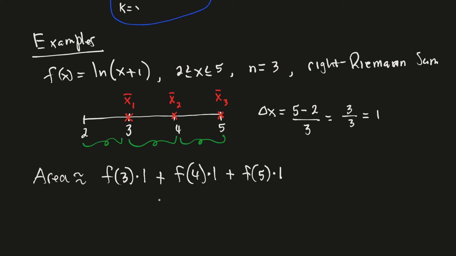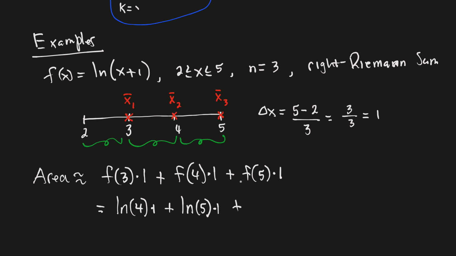So let's do this. So it's equal to, so now what is our function? Our function is the natural log of x plus 1. So wherever there's an x in this function, I'm going to substitute the value 3. So that will be the natural log of 4 times 1 plus, and then f of 4, that's the natural log of 5 times 1.